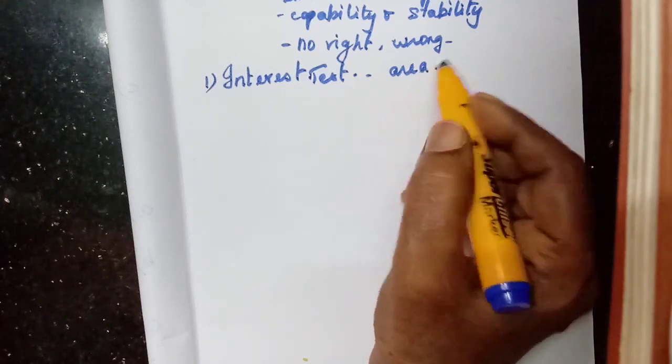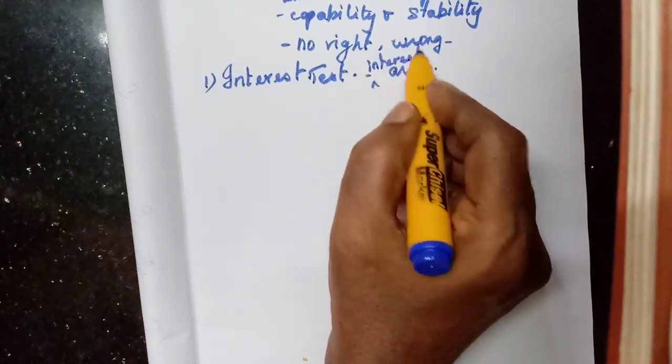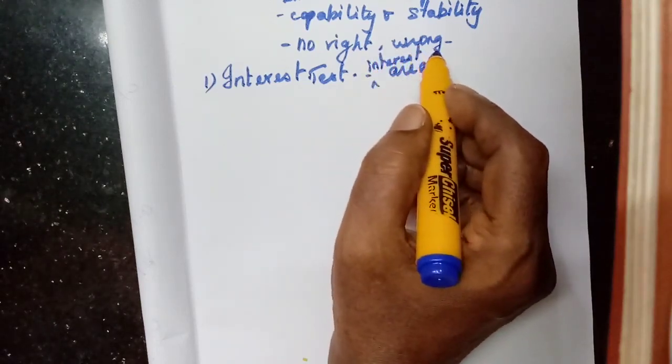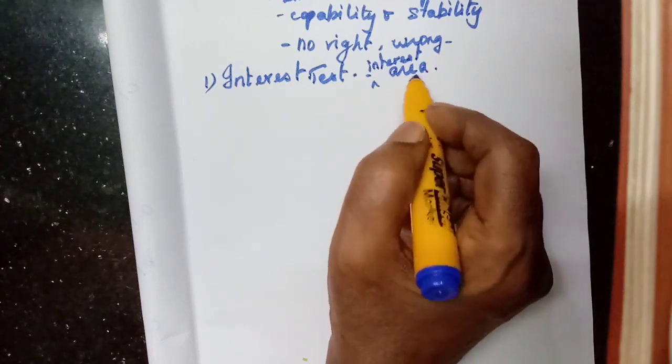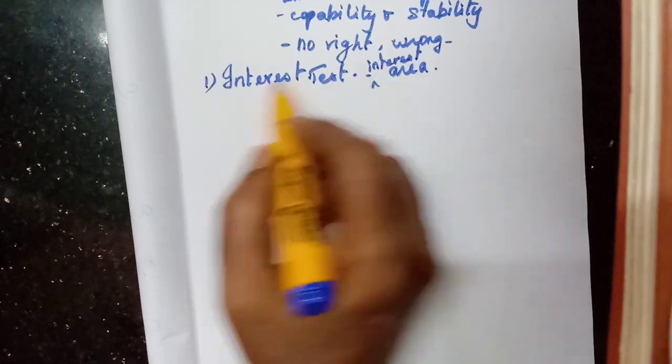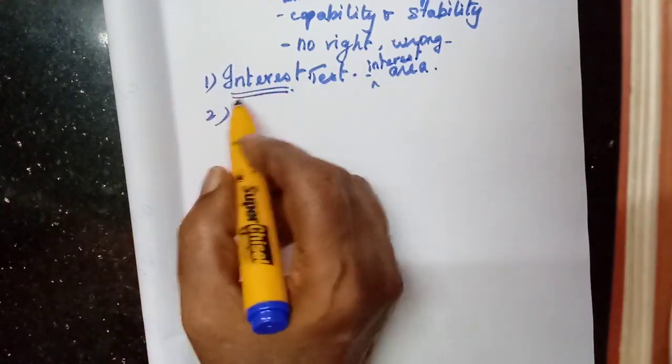So that area of interest will be tested, so that whatever job is given to him, he will work with interest. That is the main aim of conducting this test.